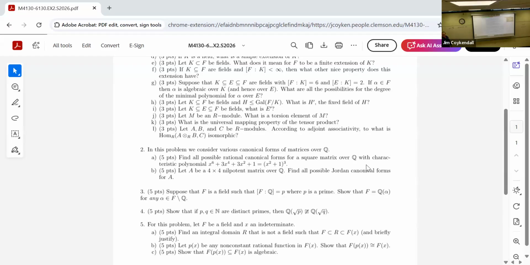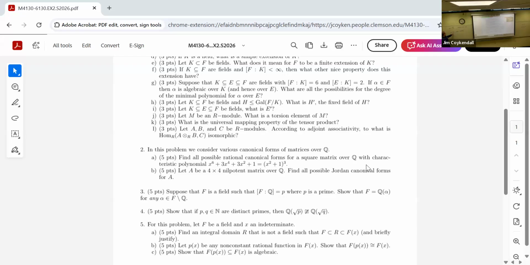Write your rational function this way. Now, look at P of X times... just take what this polynomial is, the B, and instead of X's, write T's in it.